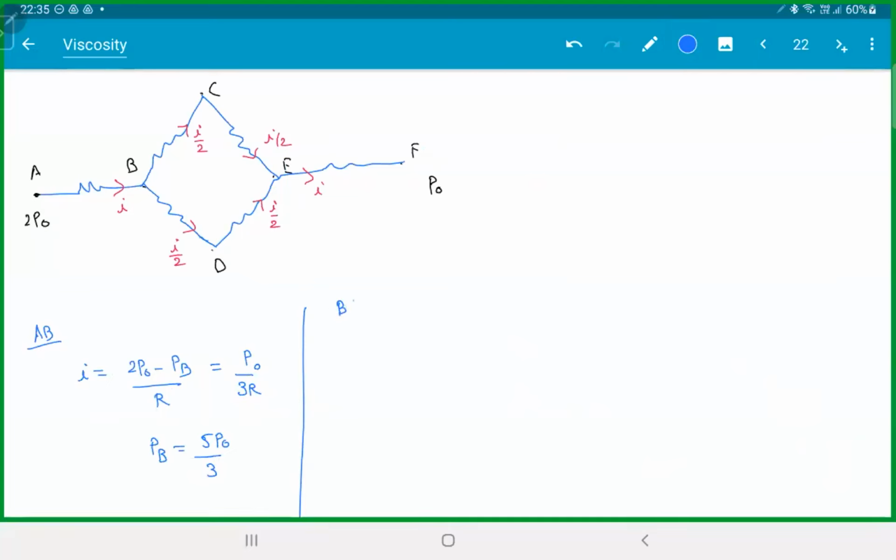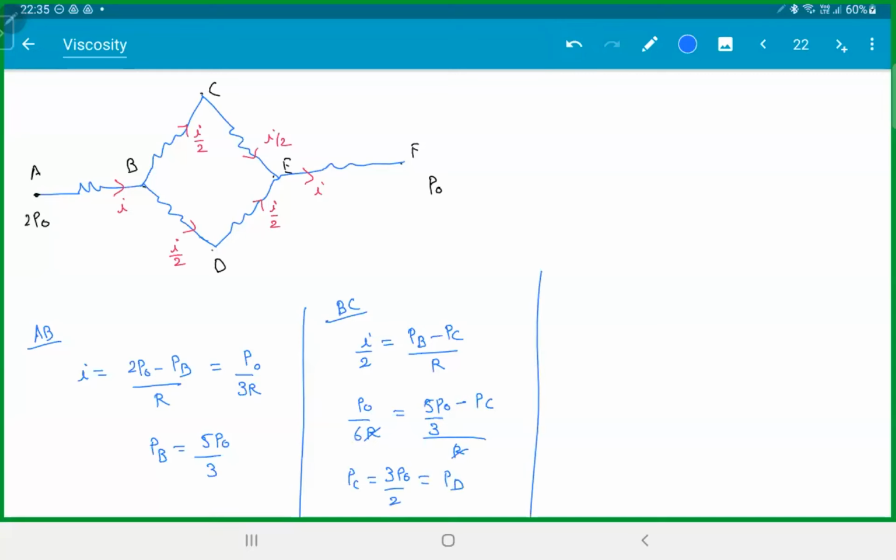Now when you take from B to C, current will be I by 2. This will be PB minus PC by R. So I by 2 is nothing but P naught by 6R. PB is 5 P naught by 3. R and R cancel. PC will be 3 P naught by 2, because of which PC and PD will be equal.